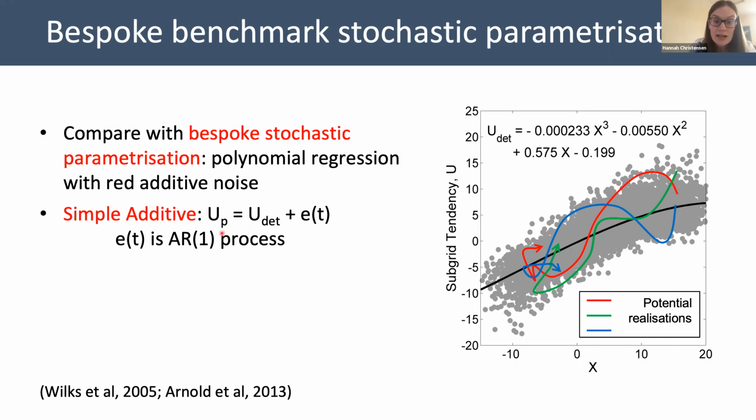You represent the subgrid tendency as a deterministic component, which comes from a fit to this scatter plot of the true tendency against X, and then a stochastic residual, which is a red noise AR1 process, and you measure the correlation and the standard deviation from the departure of the true U's from this deterministic estimate. And this performs very well. So this is actually quite a stringent benchmark to test the GANs against.